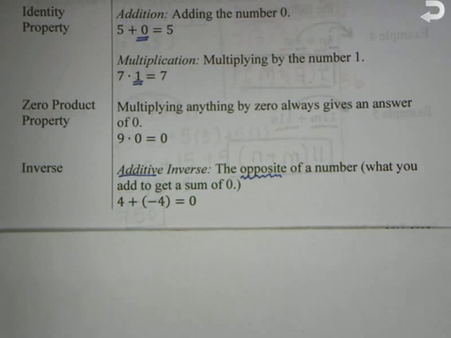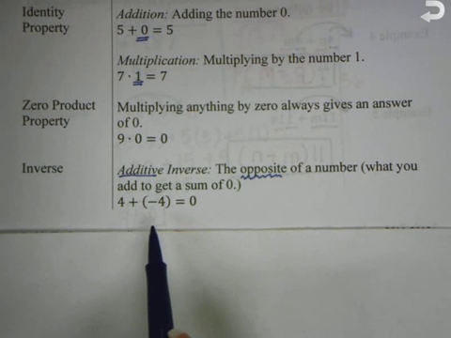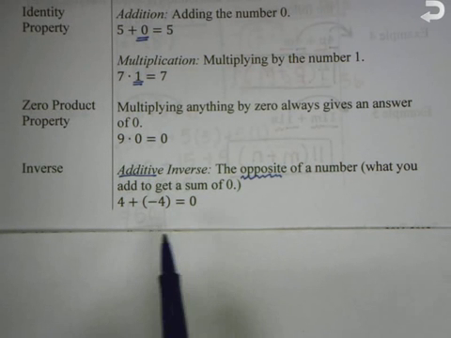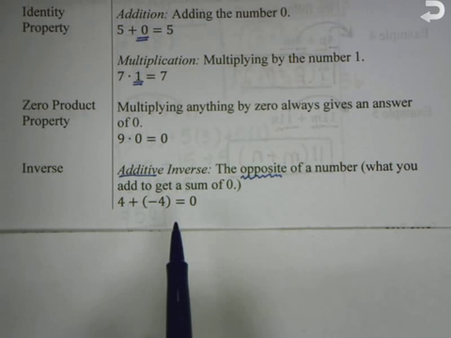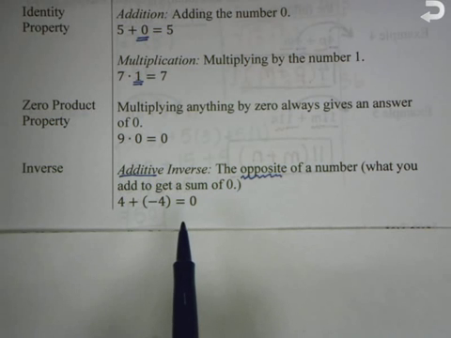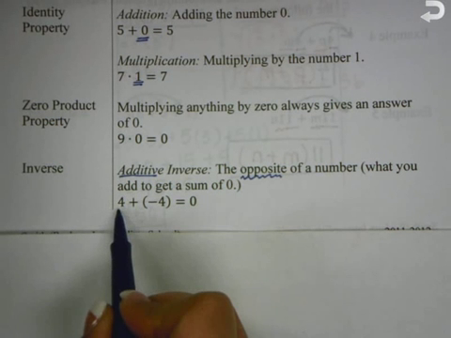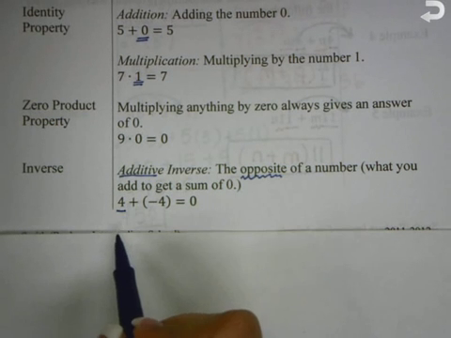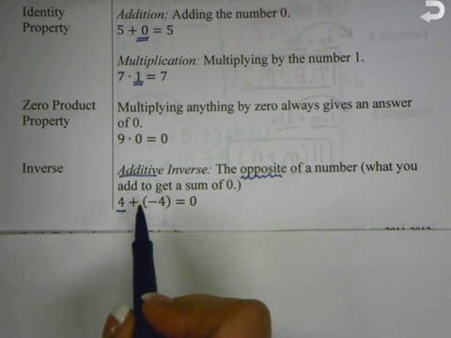So to take the opposite of a number, what do we change? The sign. Good. So what would be the opposite of 3? Negative 3. What would be the opposite of negative 10? Positive 10. Let's say 4. If I have 4, what's the opposite of that? Negative 4. And what is positive 4 plus negative 4? 0.